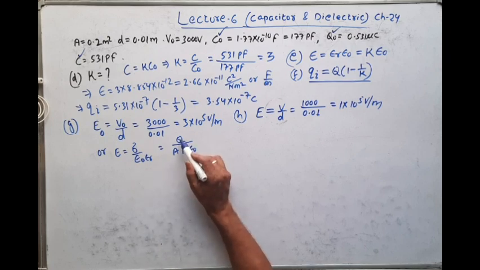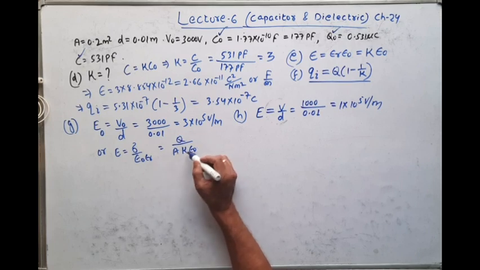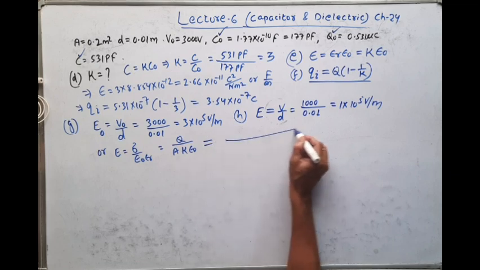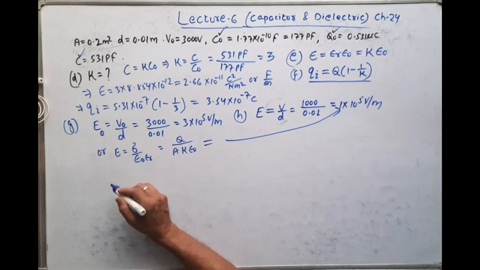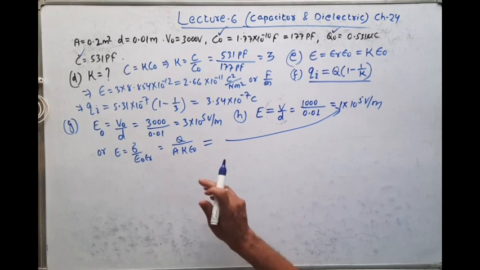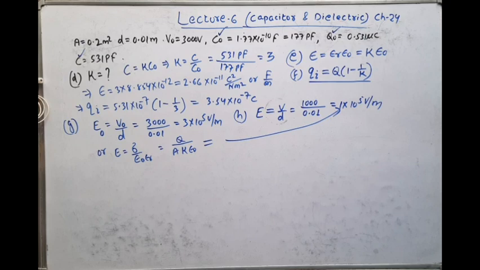You know the charge and the area of the plate, so put K and epsilon naught, and you will get the same result. Next, the question: find the energy stored and energy density before and after the dielectric is introduced.